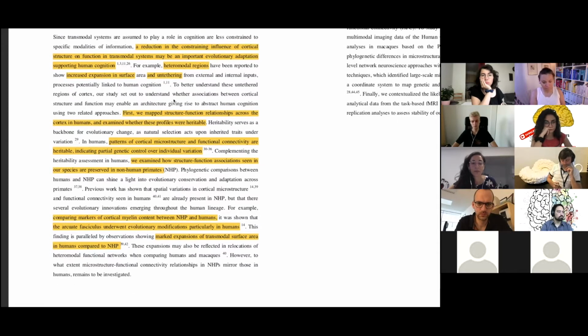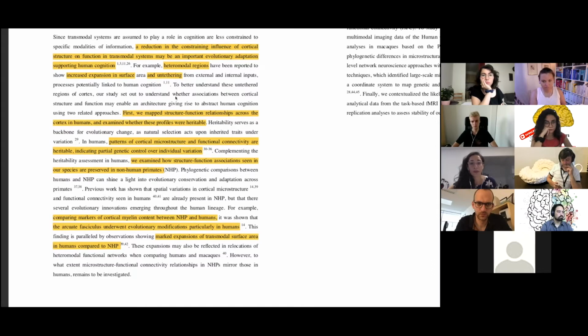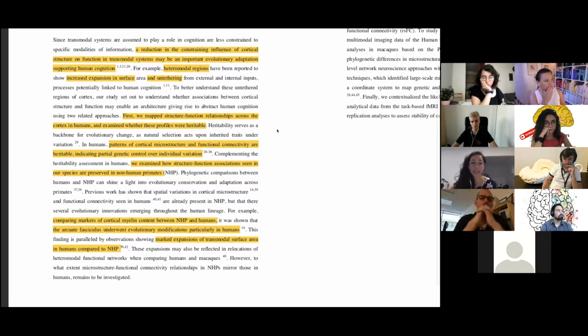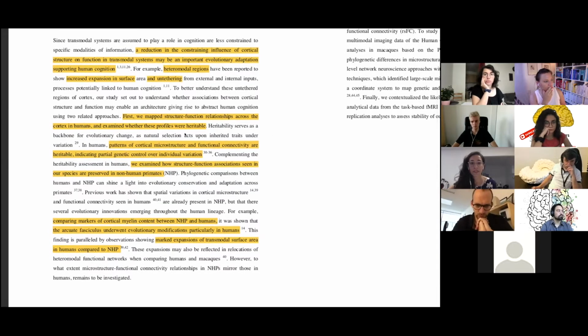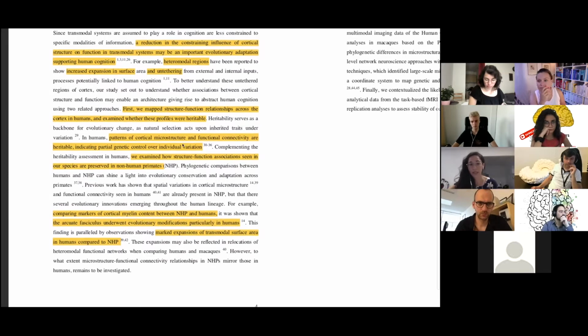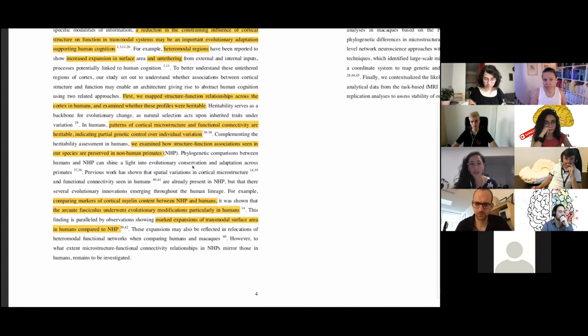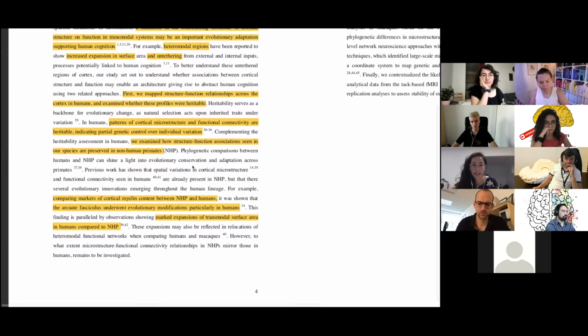But the authors' goal was to map the structure-function relationship across the human cortex and to explore whether these profiles are heritable. Furthermore, and this hypothesis is supported by previous studies that showed that microstructure and functional connectivity are indeed partially heritable.